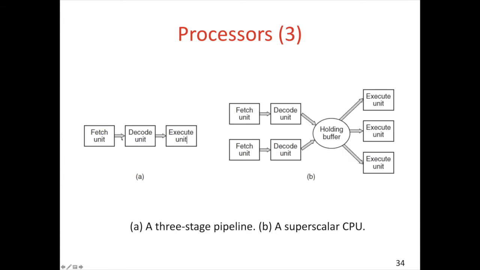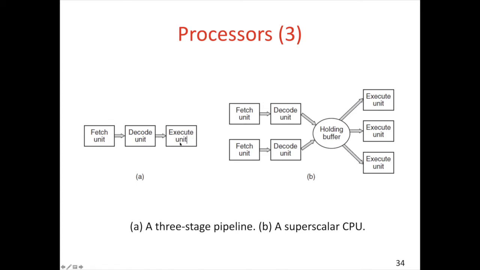In a three-stage pipeline, this is a simpler architecture compared to the superscalar CPU. We have a fetch unit, decode unit, and execute unit. Fetch unit fetches instruction from the main memory. Decode unit decodes it and understands what is to be executed.